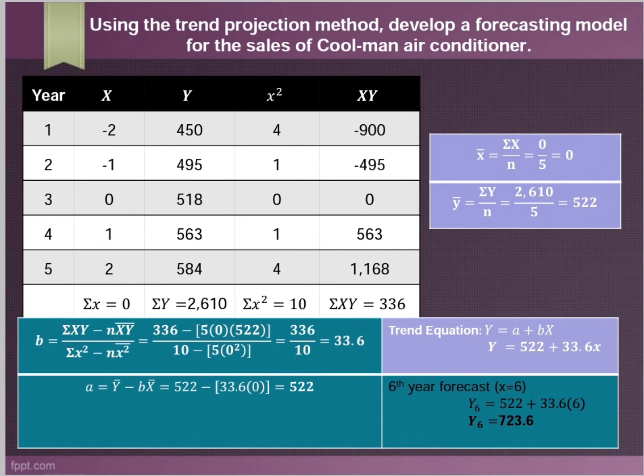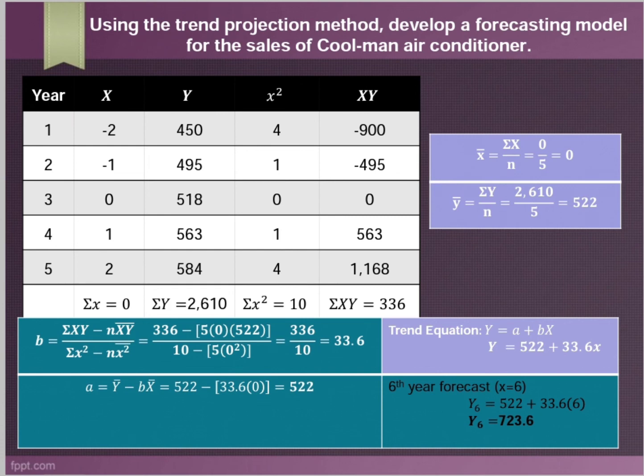As you can see on the upper right side of this slide, the table showed that the value of x bar is equal to 0. So therefore the whole term coming after the summation of x and y becomes 0, and also the term coming after the summation of x squared in the denominator becomes 0. So we get the summation of x and y, 336, divided by the summation of x squared, 10. So 336 divided by 10 is equal to 33.6.